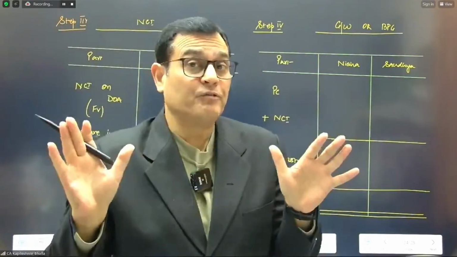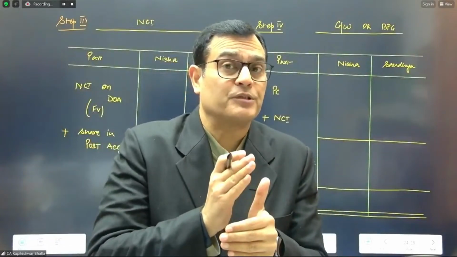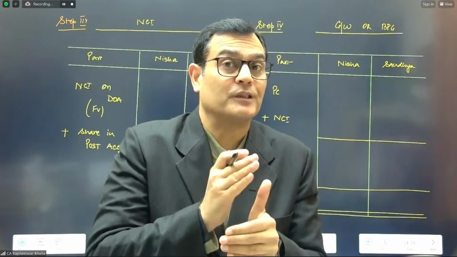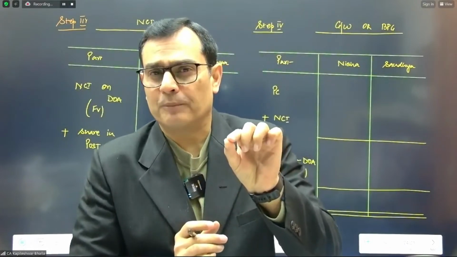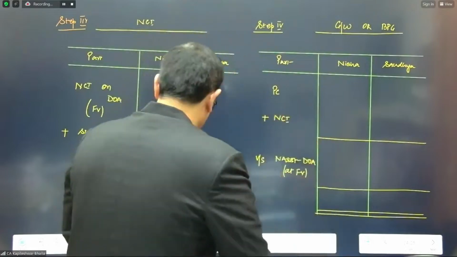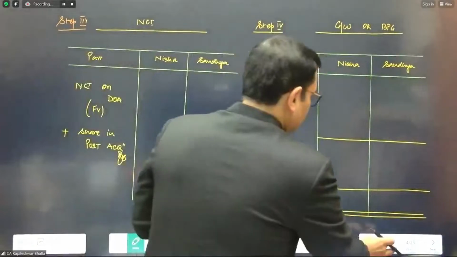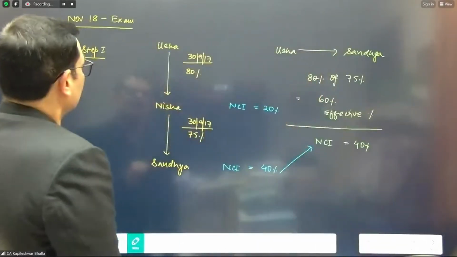And then before you go further, let us see the percentages in terms of NCI and the percentages in terms of the control. We need to see everything from the point of view of the top company. So let's organize the data. I'm going to first look at step number 1 and see my percentages carefully.